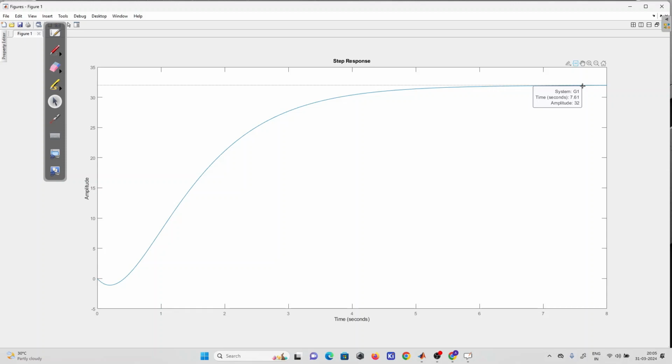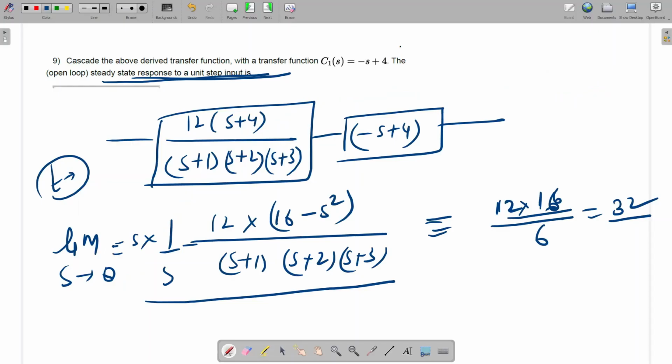Yes, sir, correct, sir. So something I have told, that here one zero is there, na? The zero is on the right hand side, correct? So the final value theorem is applicable here. Some question was there, na? There I had commented that if this is there then that will not work.